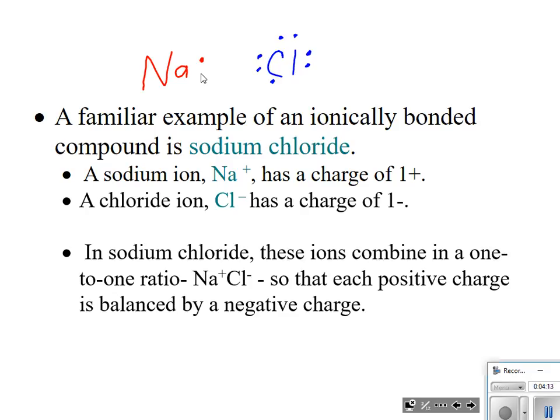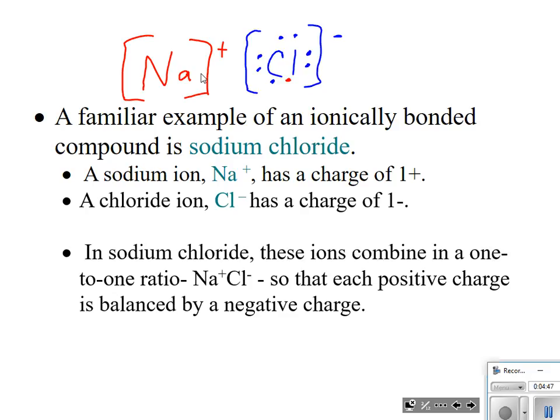Yes. So, actually, what's going to happen is sodium is going to lose that electron, transfer it over to the chlorine. Once it does so, I have a net charge now of +1. What is the net charge of chlorine going to be? -1.